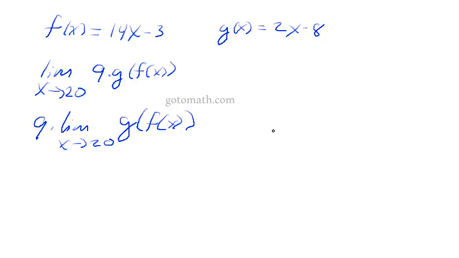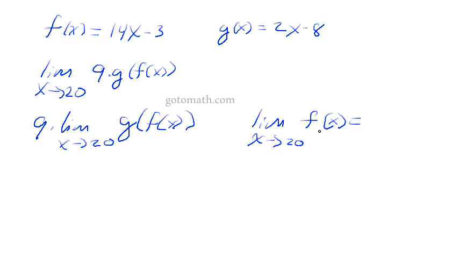In this particular theorem, which was stated in some other problems, I'm not going to rewrite it again. Basically, it says we can take the limit of the inside function, the limit as x approaches 20 of f of x, and that number is considered to be L in our theorem.